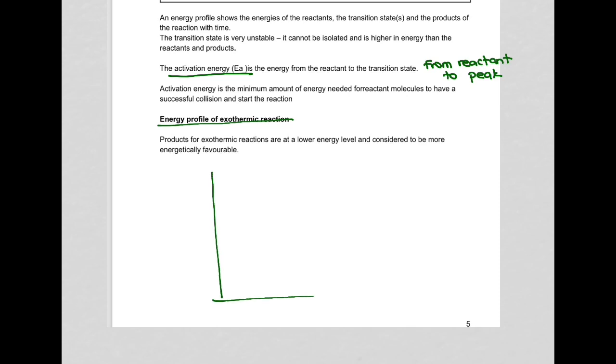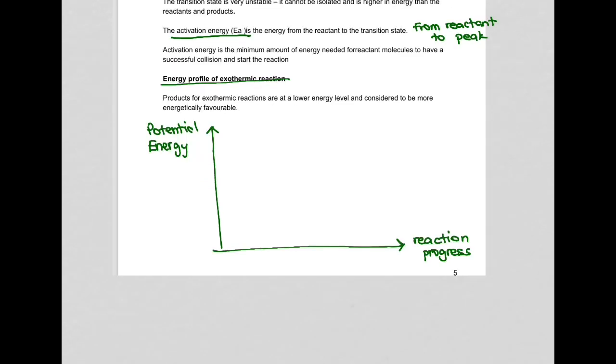So you're going to have your axes, and you label them properly. So you have reaction progress and potential energy. In an exothermic reaction, energy is lost to the surroundings. So you're going to have levels of reactants and products as such. Now I will also show the activation energy.